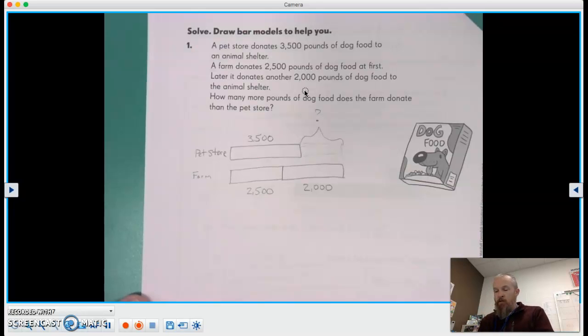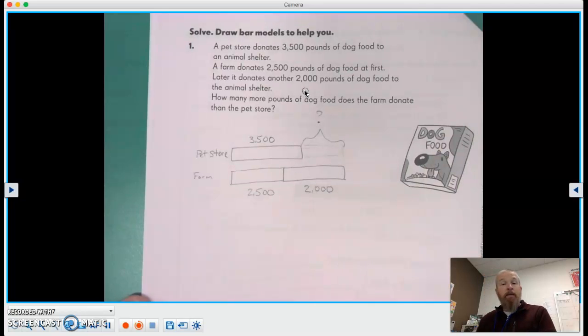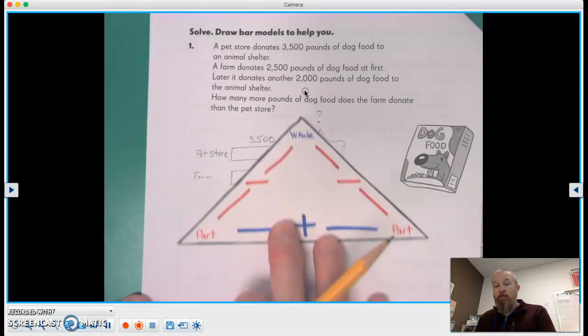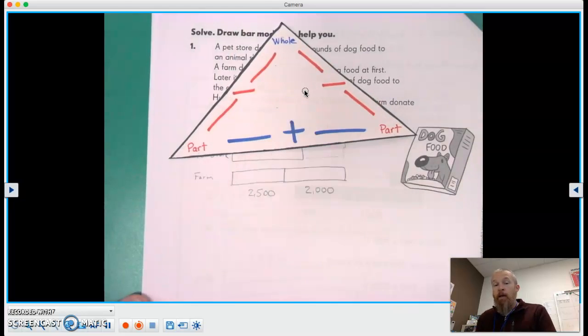So the first thing we're going to do is figure out how much the farm donated. So we know both parts of the farm. We know it donated 2,500 at the beginning, okay? And it donated 2,000 later.